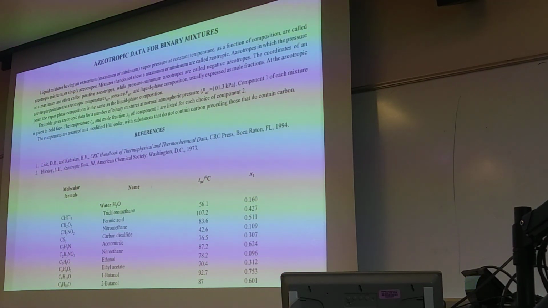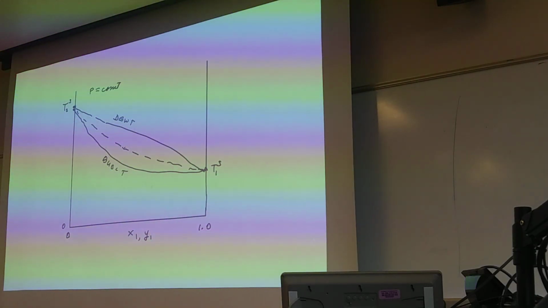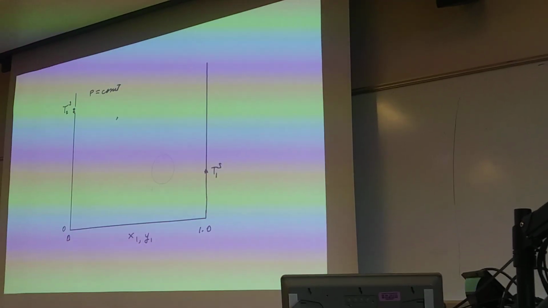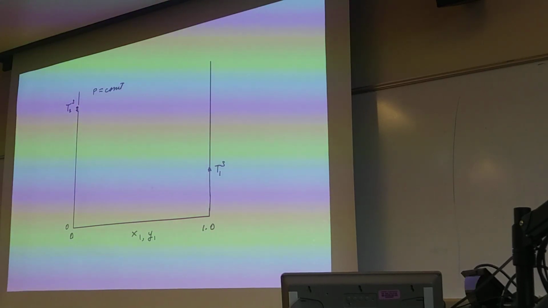Now, a common azeotrope, we can draw azeotrope curves on the temperature diagram as well. Let me clean this up and then just do that. So for the system with positive deviations from ideality, then the temperature goes through a minimum at the azeotrope.